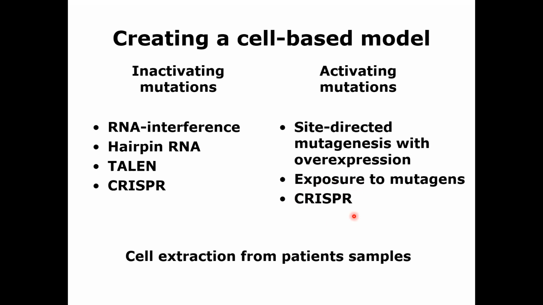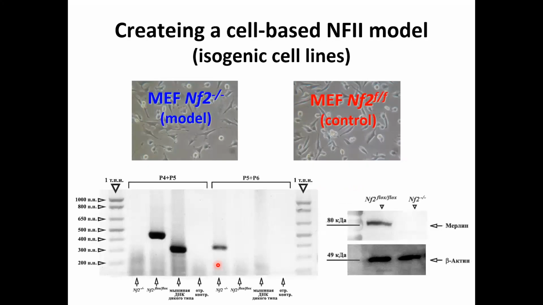And there is one more way to obtain a cell-based model. It's an extraction of the cells from patient samples. So to get the NF2 model, we excluded the NF2 gene from mouse embryonic fibroblasts. In embryonic development, Merlin is expressed nearly in all tissues.